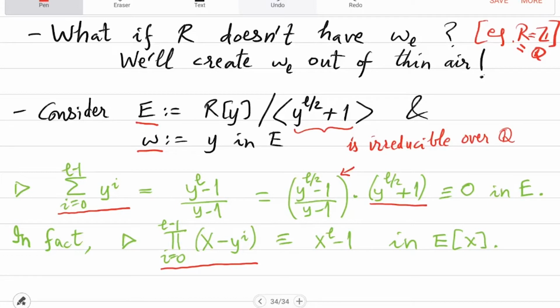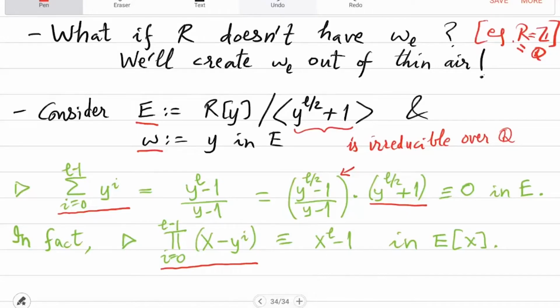So all the roots of x to the L minus 1. Those questions are not what you would expect when the ring R is complicated, because in a ring R there may be many more than L roots.